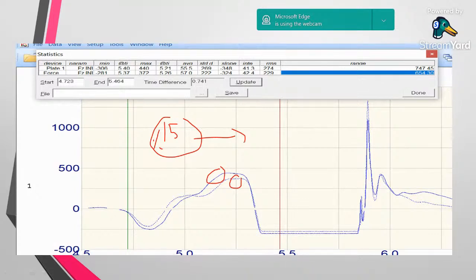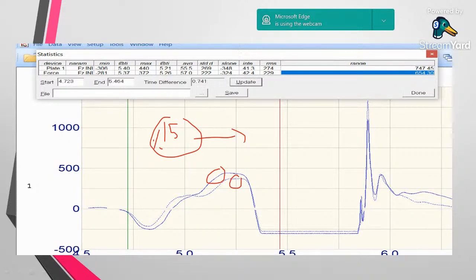Initially they refuse, but when we perform their jump and then ask them again, showing this kind of data, they say yes sir, there is a little injury issue. So if their asymmetry is more than 15%, for the athletic population I would say the asymmetry should be less than 15%, meaning less than 10%.